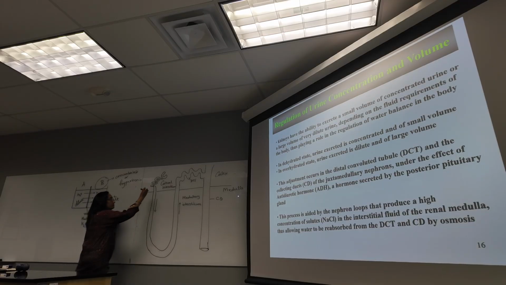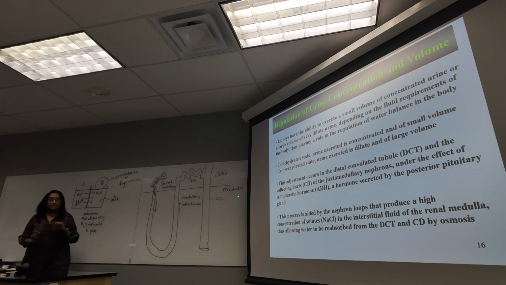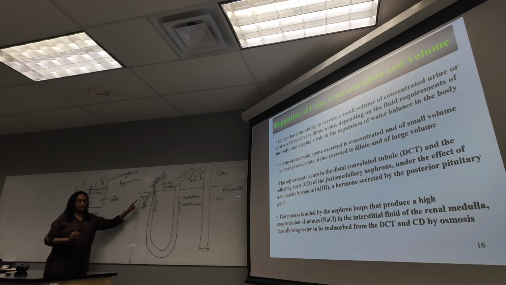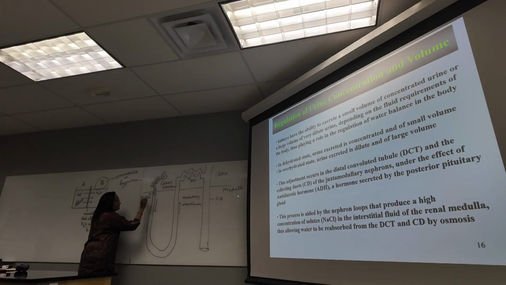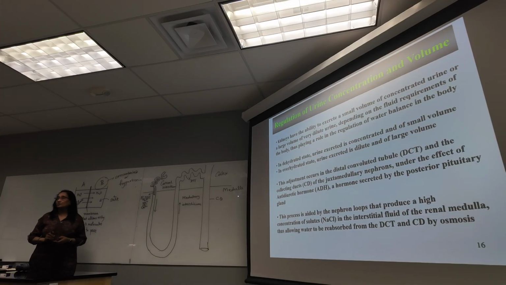Now, when the filtrate enters the descending limb of the loop of Henle, roughly 80 to 85% reabsorption has occurred already. So it's going to have about 15 to 20% of the water, sodium, chloride, calcium, all of the dissolved salts will be there, because most of them are reabsorbed earlier.